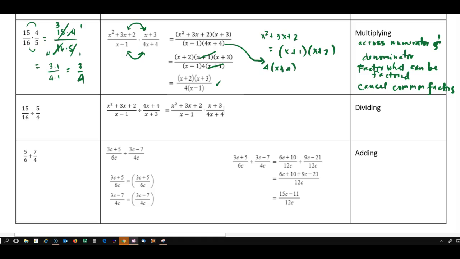Now, in division, it's similar between fractions and rational expressions. First step is to flip the divisor. Second step is to change it to multiplication. So for this one, it's 15 over 16 times 4 over 5.